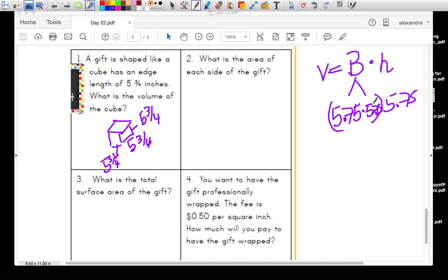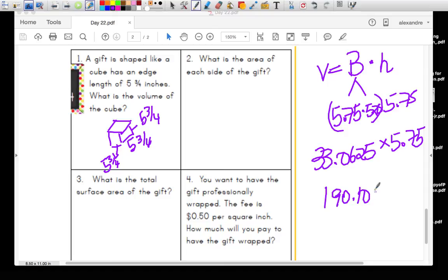5.75 times 5.75 equals 33.0625, and you still have to multiply by that other 5.75, which gives you some ridiculous number, 190. But make sure you know what they're rounding to.